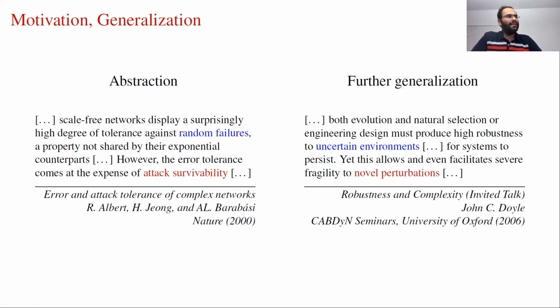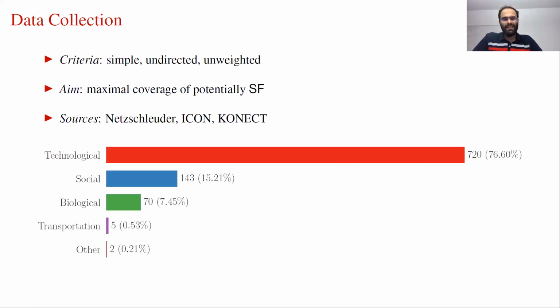And to begin, we had to compile a large collection of networks, and our criteria was that the graphs representing these networks should be simple, undirected, and unweighted, because most studies that claimed the statements that we are looking at made their claims by initially using such graphs.